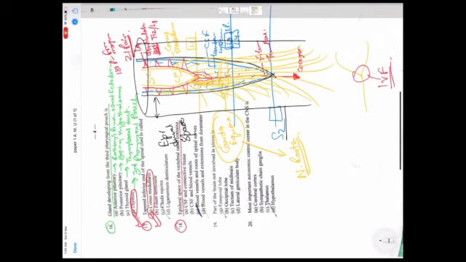CSF, of course, I have told you, lies in the subarachnoid space, the lumbar cistern, and the other space of CSF is within the spinal cord, the central canal of the spinal cord. So you have CSF there. So these two options are already ruled out because you don't find CSF in the epidural space. What you find is blood vessels, roots of spinal nerves, and extensions of the dura mater.